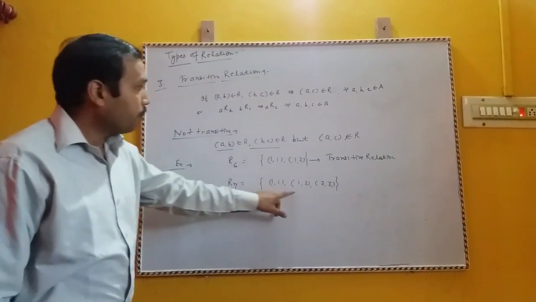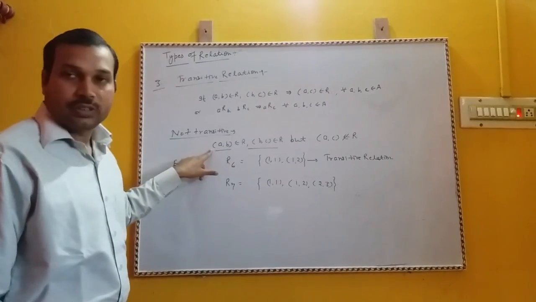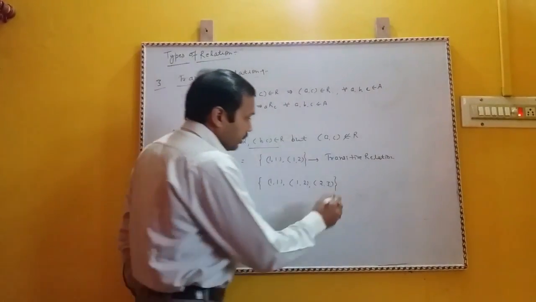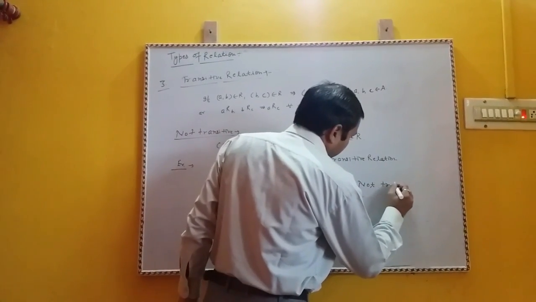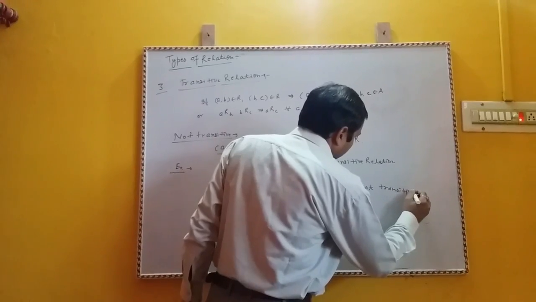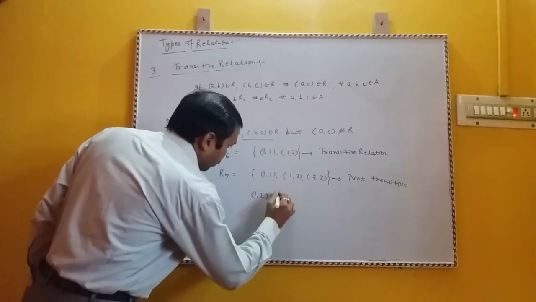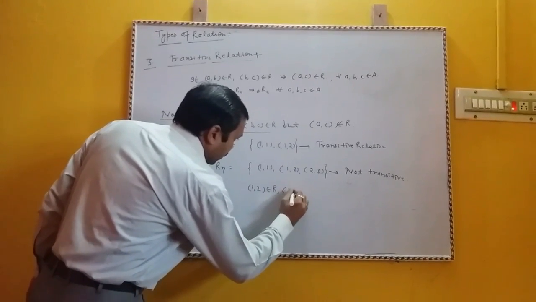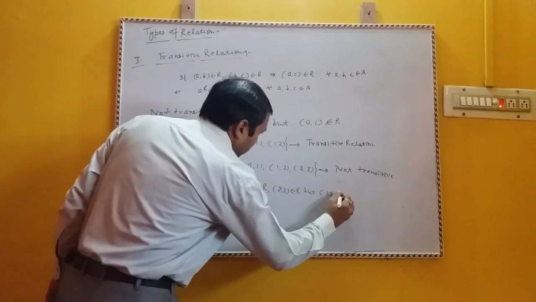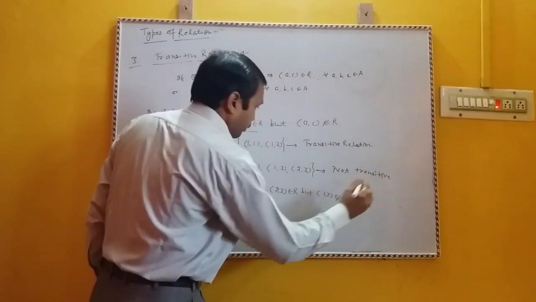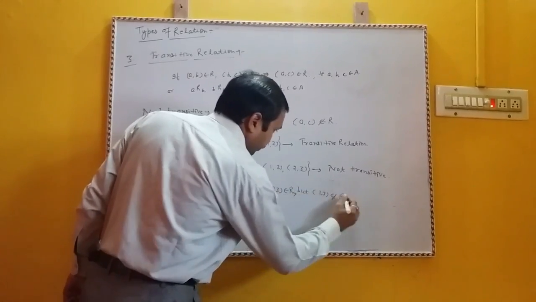So here is a violation of this rule, so this relation is not transitive. Just because (1, 2) belongs to R, (2, 3) belongs to R, but (1, 3) does not belong to R. Here R is actually R7.